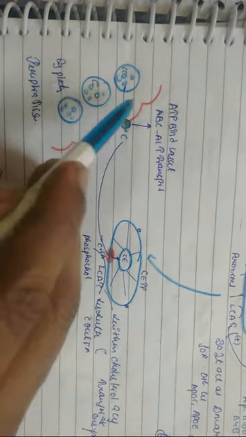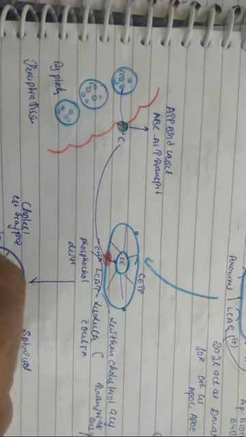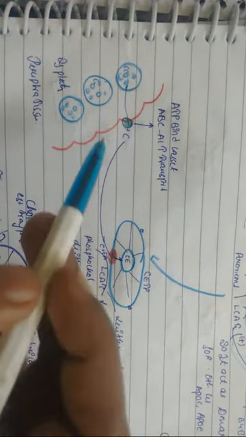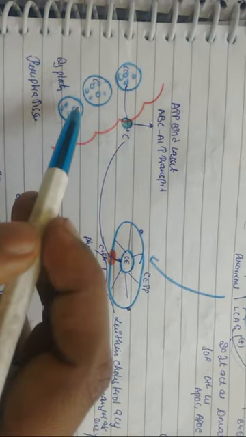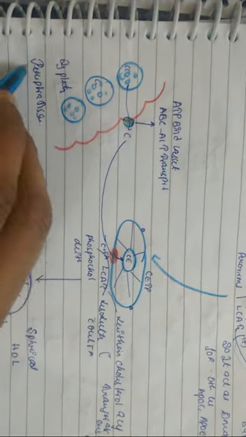Suppose this is a peripheral organ, say the heart or muscle or any of the cells here; normally they store cholesterol in the form of cholesterol esters. This is the peripheral tissue.